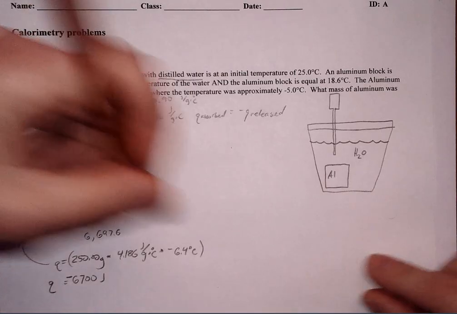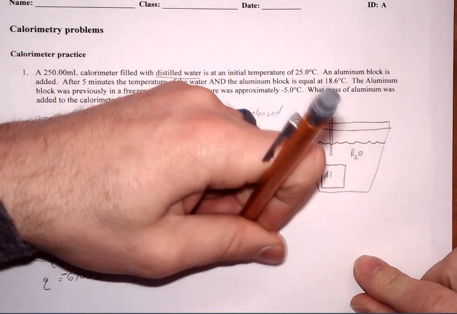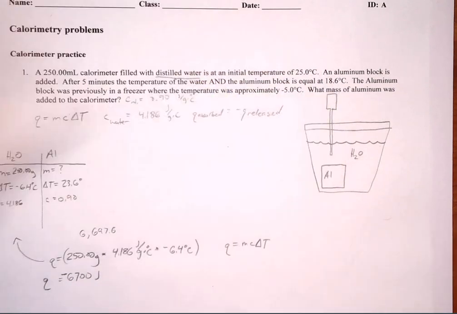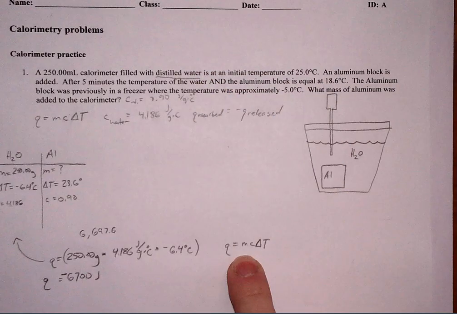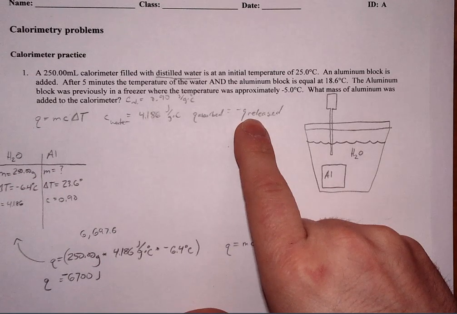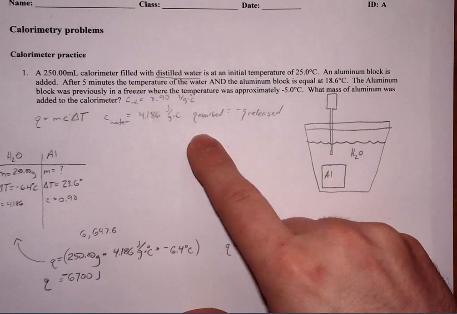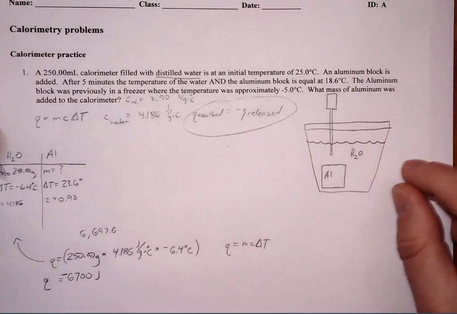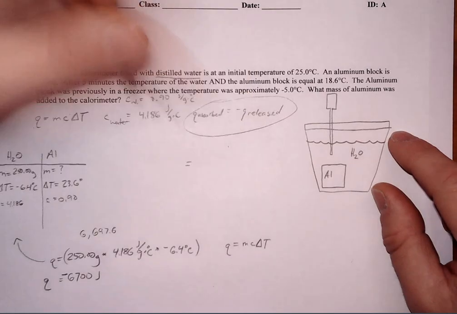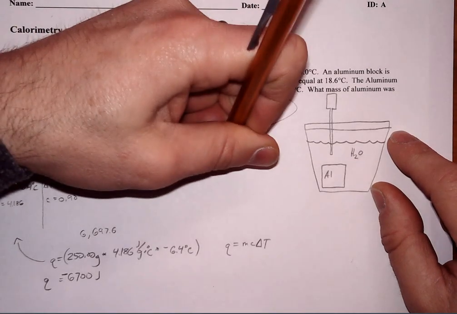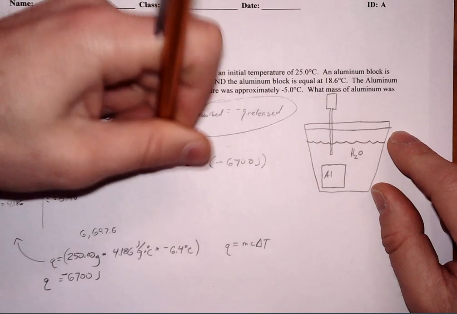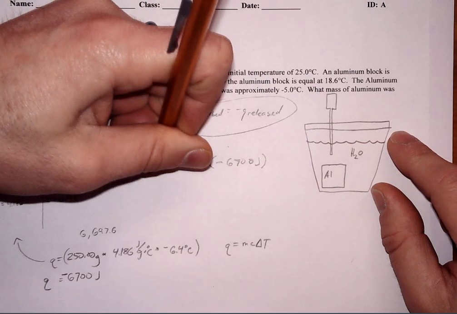Okay. When I think about the metal, I think the same thing, Q equals mc delta T. I don't have Q and I don't have M, but I actually do have Q, because the negative Q released is equal to the Q absorbed. So, based on this relationship, since the water was doing the releasing, I have a negative 6700 joules is going to be equal to my Q absorbed.